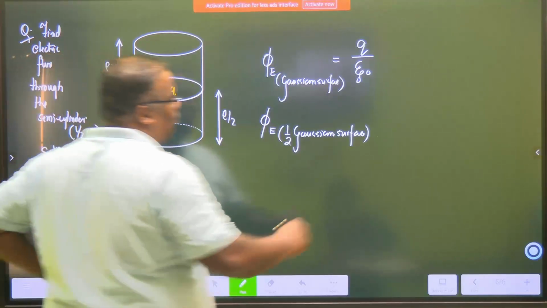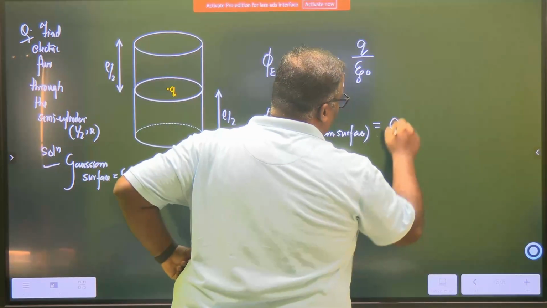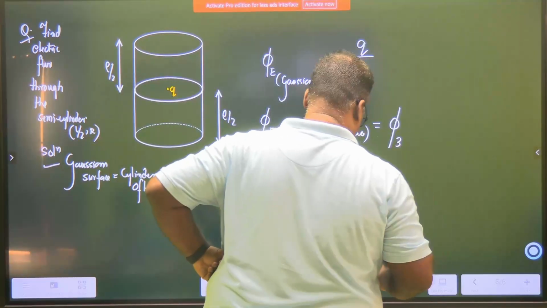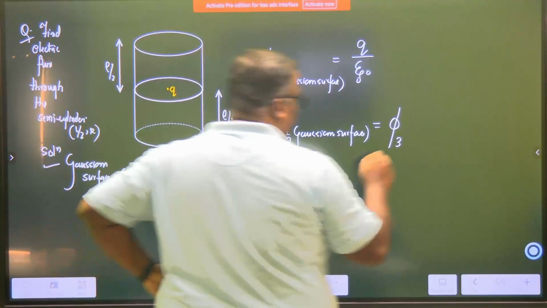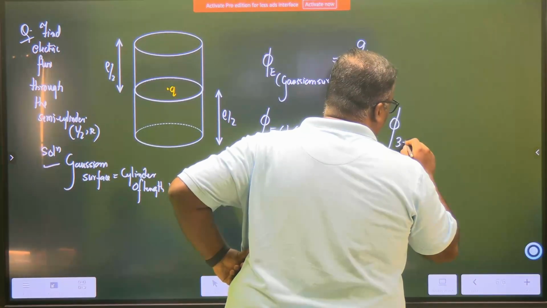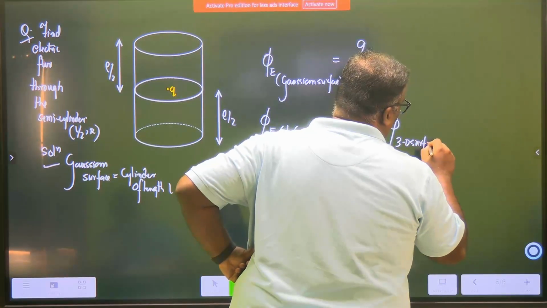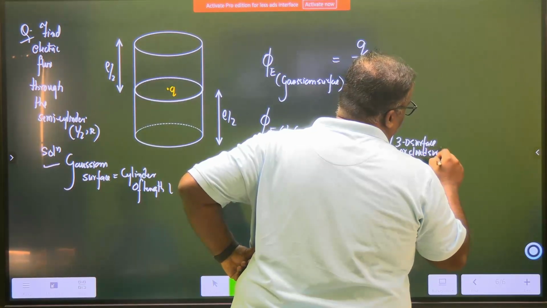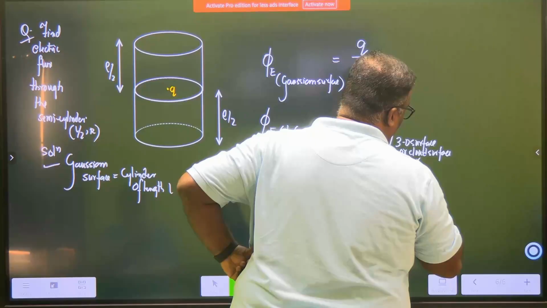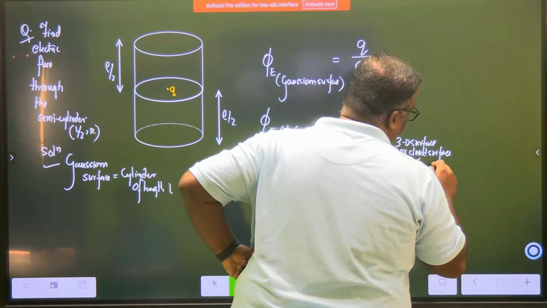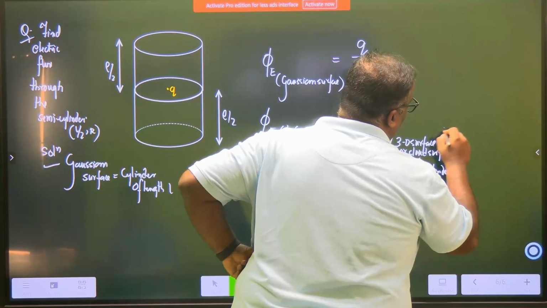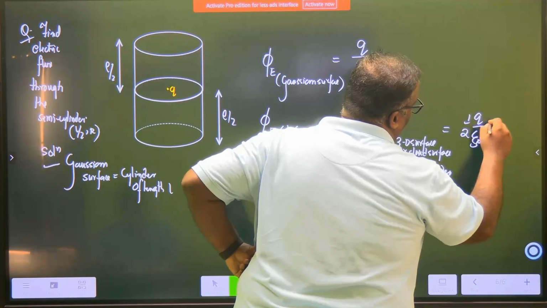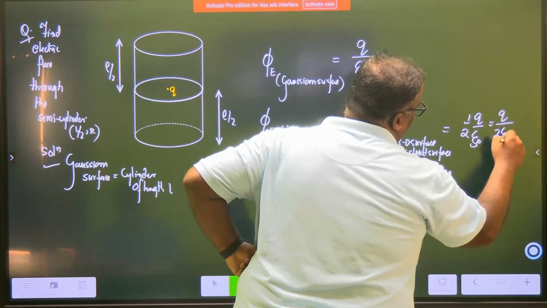Now, through half the Gaussian surface is equal to, what is half the Gaussian surface? Half the Gaussian surface is my 3D surface, or I call it my closed surface, or this is nothing but my semi-cylinder, will be equal to half of Q by epsilon naught, which is equal to Q by 2 epsilon naught.